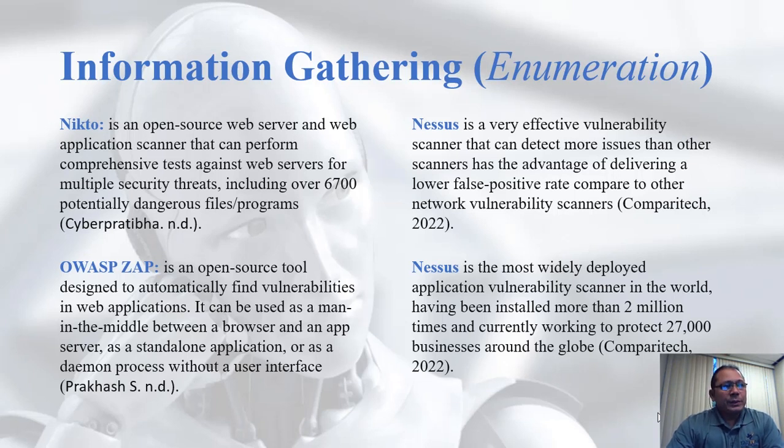Both of these tools have their strengths and weaknesses and can be used together for a more comprehensive vulnerability assessment. These differences can be seen in the video demonstration on the next slide. The system that I'm going to be targeting for enumeration is the Cyb610 virtual machine.